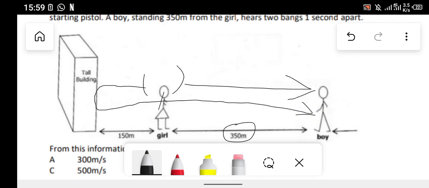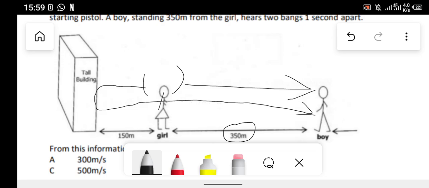For the direct sound, we know the distance is 350 meters and the time taken is 1 second.